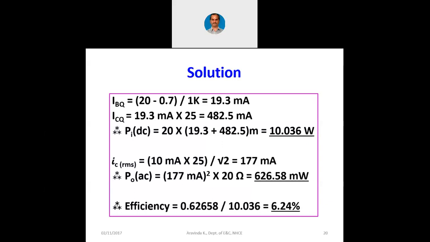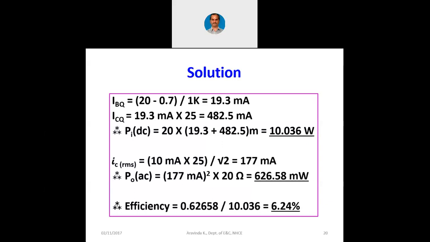The maximum efficiency which we can have with the fixed bias is 25%. Now the actual efficiency for this given exercise is only 6.24%, which means with a class A amplifier we get faithful amplification, but we do not get efficiency.